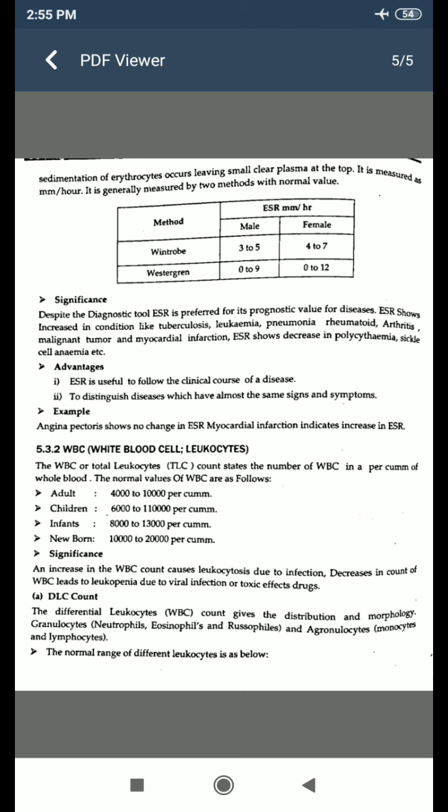ESR shows a decrease in polycythemia, sickle cell anemia, etc. Advantages: ESR is useful to follow the clinical course of the disease and to distinguish diseases which have almost the same signs and symptoms. For example, angina pectoris shows no change in the ESR, while myocardial infarction indicates an increase in the ESR.